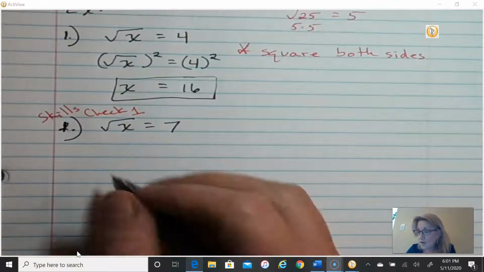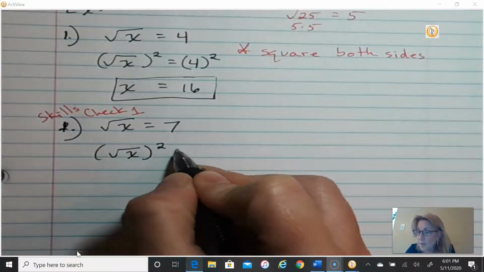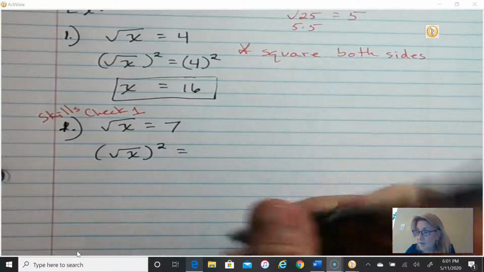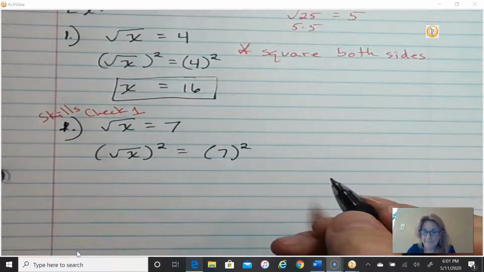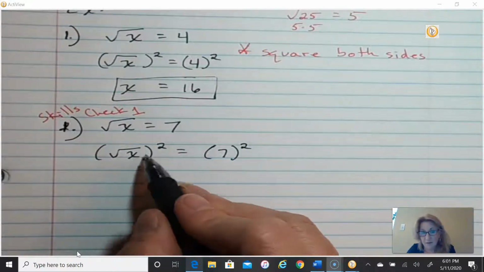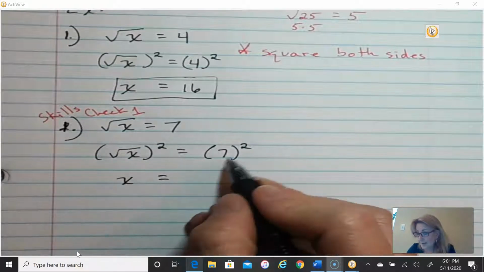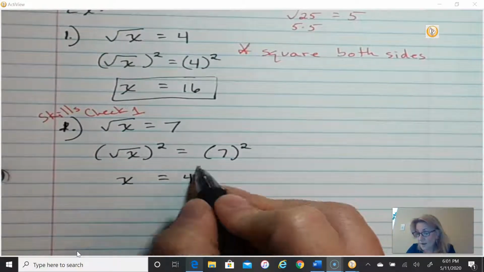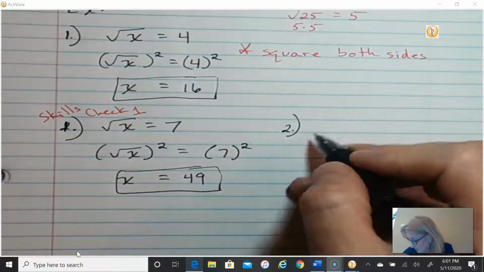What you're going to do is square both sides. Now, the square of the square root of x is just x, and 7 times 7 is 49. So there's your answer.